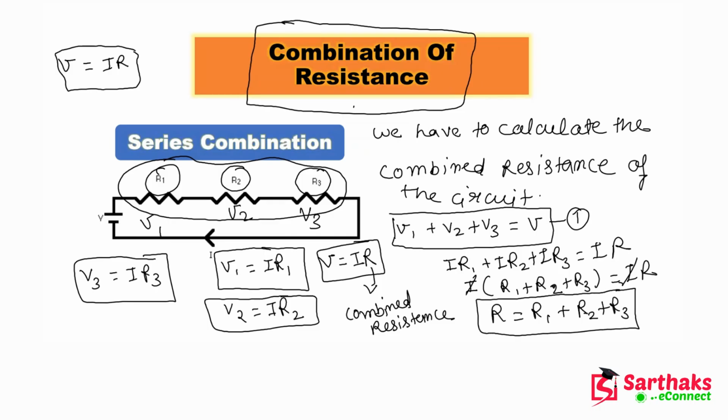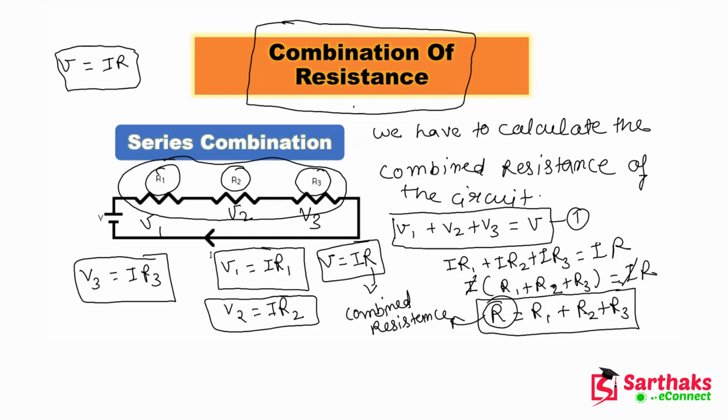So this is the value of the combined resistance. In series, if you want to calculate the overall resistance, you simply add all the resistances.